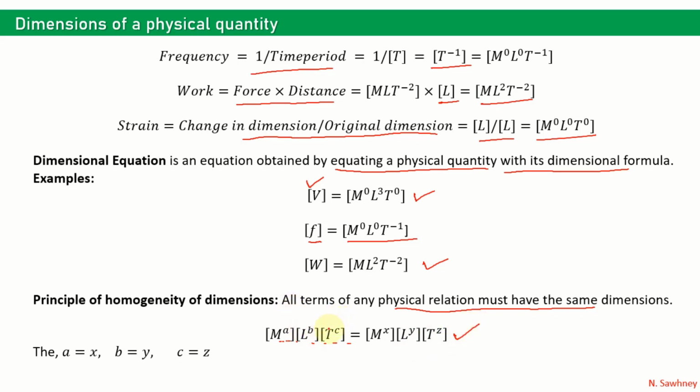Likewise, I have taken an example here that mass M raised to the power a is on the left hand side and on the right hand side it is mass raised to the power x. So, this equation is dimensionally correct when a is equal to x. Similarly, when b is equal to y and when c is equal to z, the principle of homogeneity is followed.